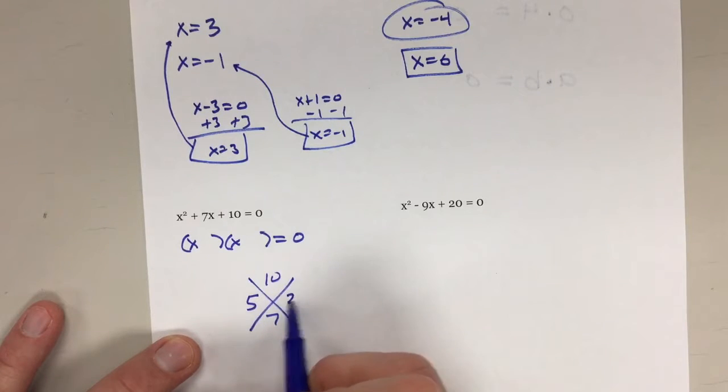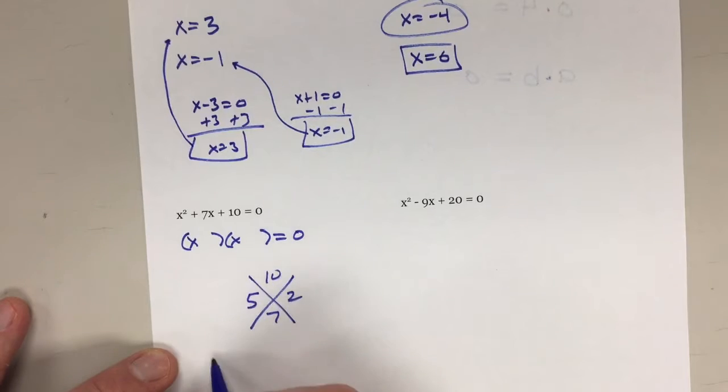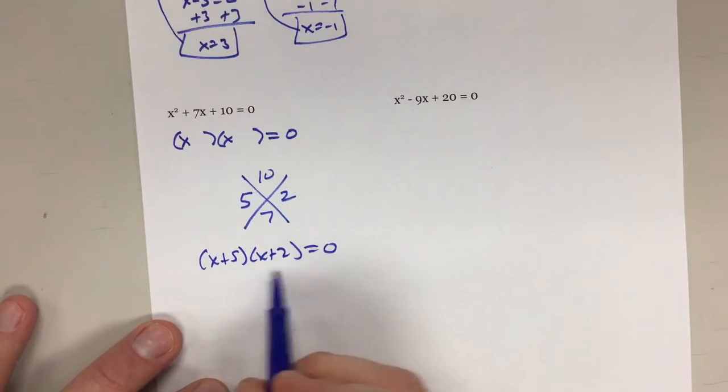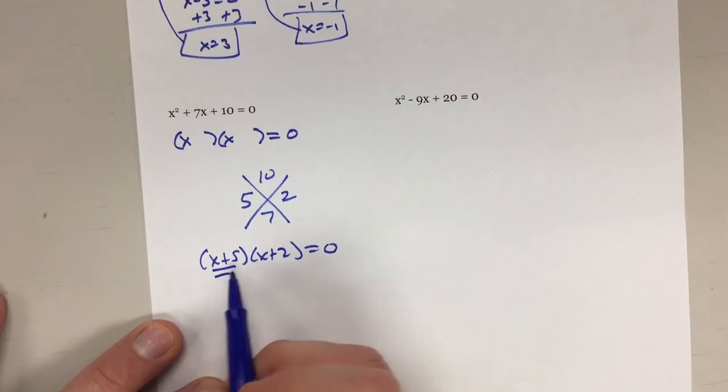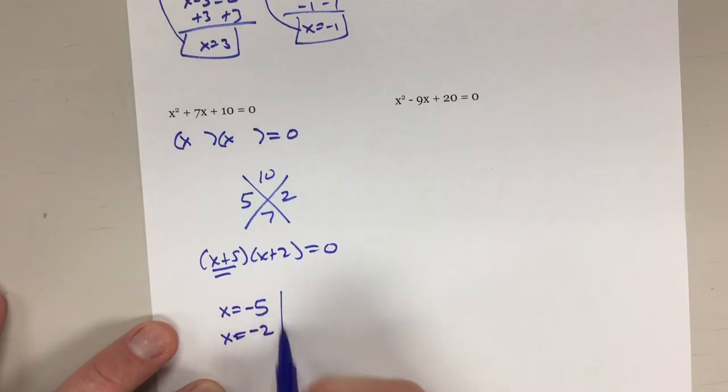It is 5 and 2. 5 times 2 is 10, 5 plus 2 is 7. So the factors are x plus 5, x plus 2. And now you simply figure out what makes each of those 0. Well, x equal to negative 5 would make this 0, and x equal to negative 2 would make that 0.